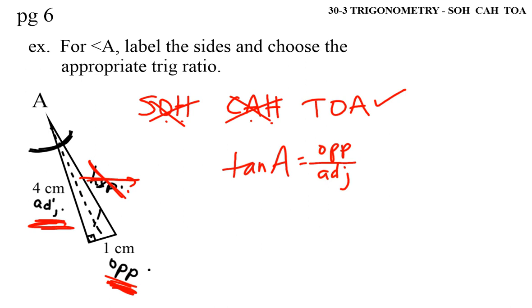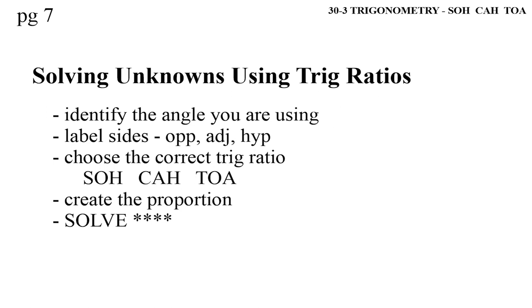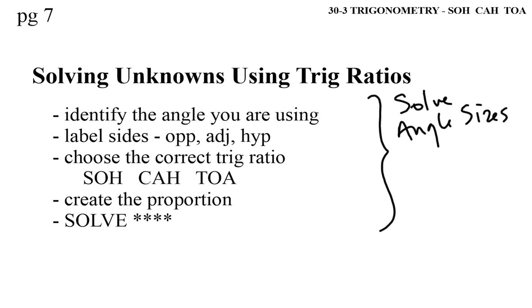Well, this background is all the lead up to solving unknowns using trig ratios. These steps help us to solve angle sizes. It also helps us to find side lengths.